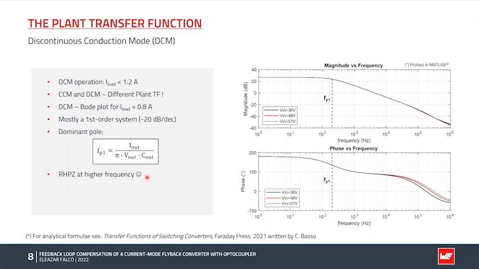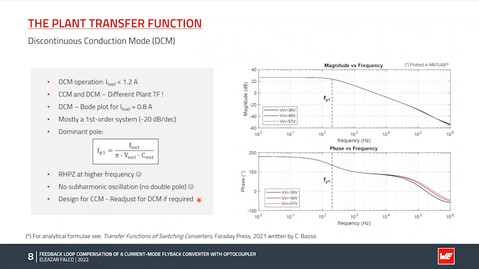The system still has a right half plane zero, but it happens at a higher frequency than in continuous conduction mode, and in some cases, it is not even modeled. In this discontinuous conduction mode operation, there is no subharmonic oscillation instability, so therefore no double pole and no peaking of the magnitude curve in the system.